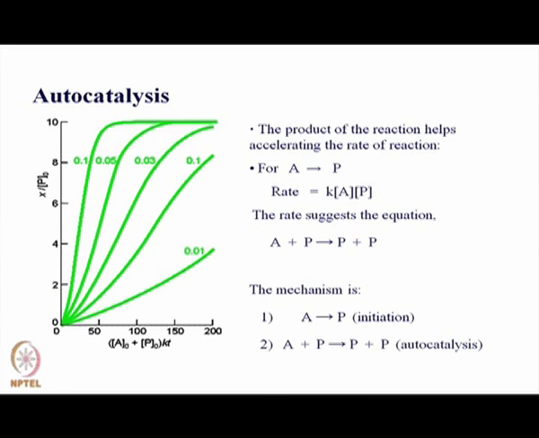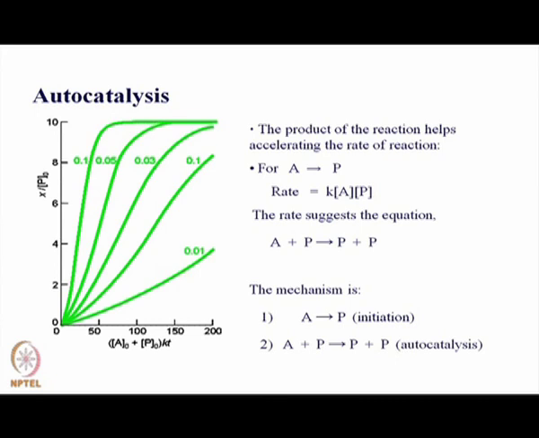Now, a commonly observed case of autocatalytic reaction is the reaction of permanganate with oxalic acid. Initially the color of permanganate does not decolorize fast. So, what is happening? Under warm condition, if you add permanganate in oxalic acid solution, it persists for some time, maybe after 30 seconds or so.